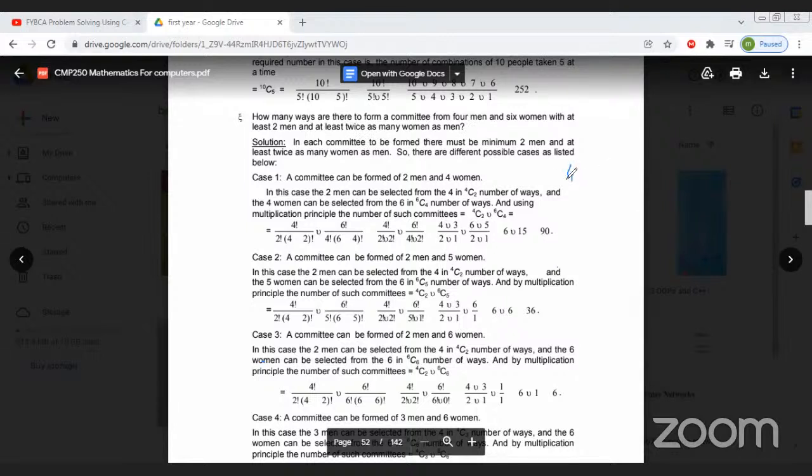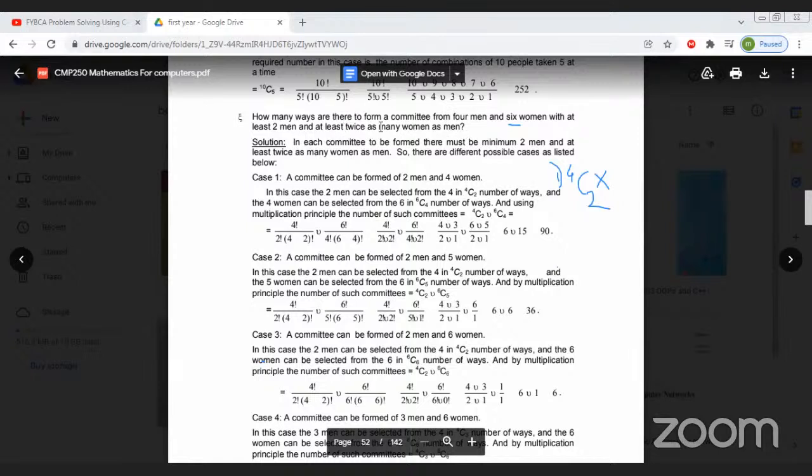So if I select the first case, if I take only 2 men, at that time how many women will be needed? How many women do I have? 6 women. The question asks how many ways there are to form a committee from 4 men and 6 women with at least 2 men and at least twice as many women as men.